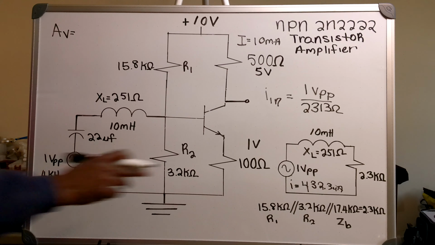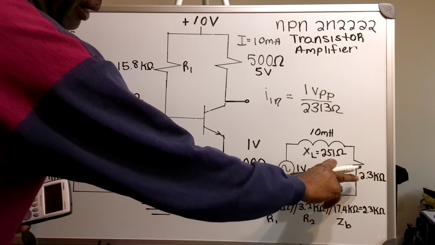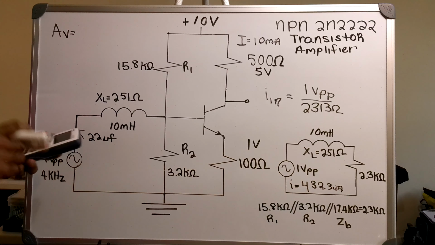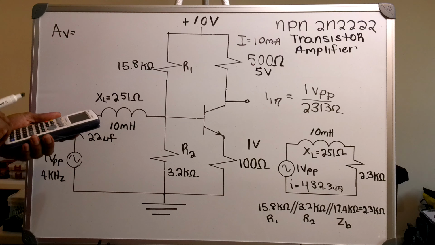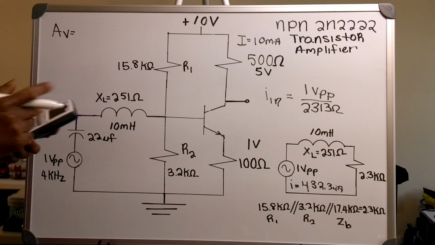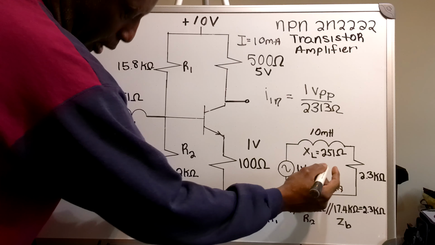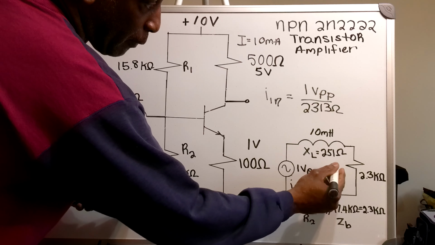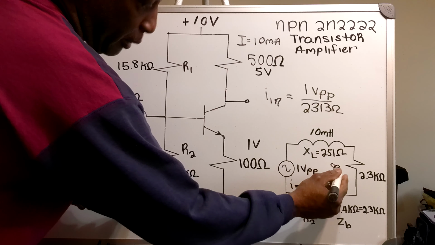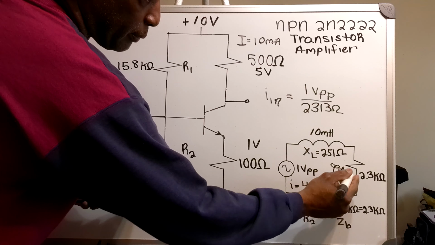Now what I do is I take that number and I multiply it by my 2.3 k ohms. And I get a voltage of 994 millivolts.